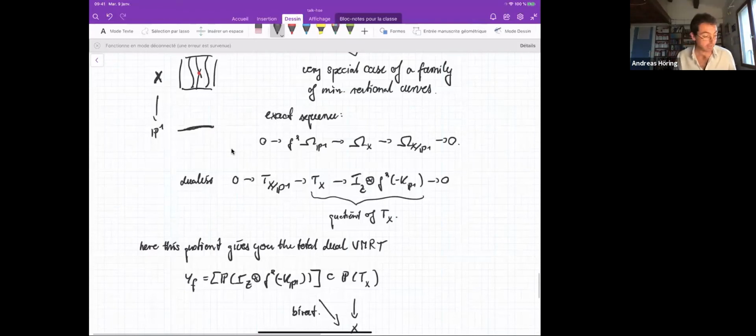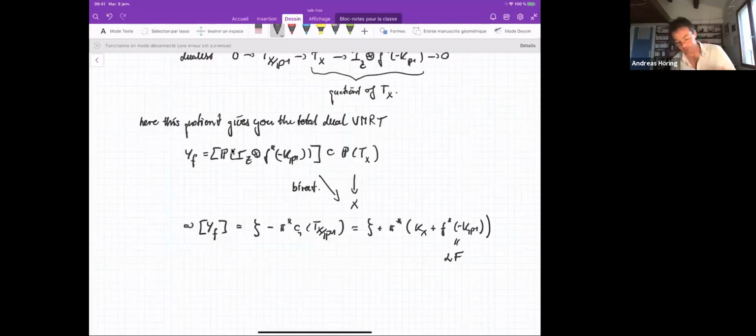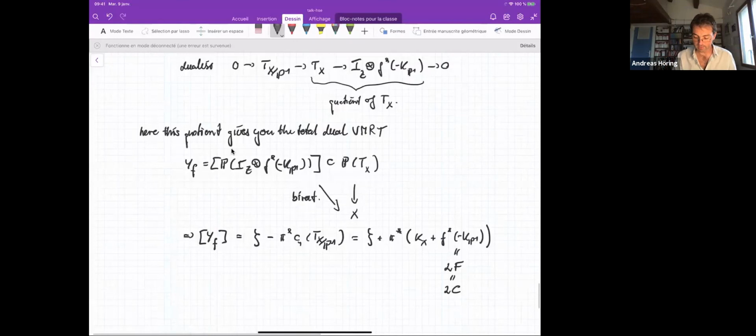And here our fiber by construction is our conic. So you have 2 times this conic. Okay, so that's the formula for the total dual VMRT in this situation of a conic bundle. It's relatively easy to write down.